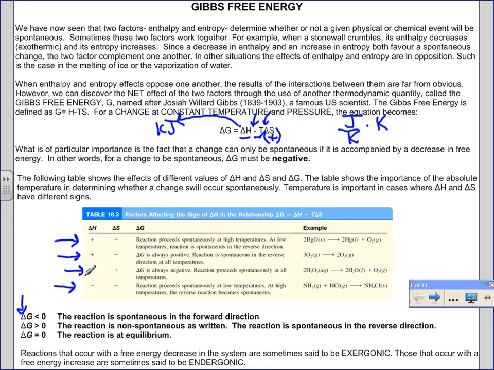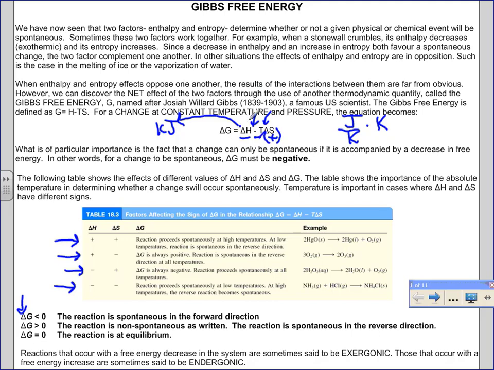We can also have an exothermic reaction where the entropy is decreasing. Again, it depends on what temperature this process is taking place and the size of the relative entropy and enthalpies in order to decide whether the Gibbs free energy is going to be greater than or less than 0.